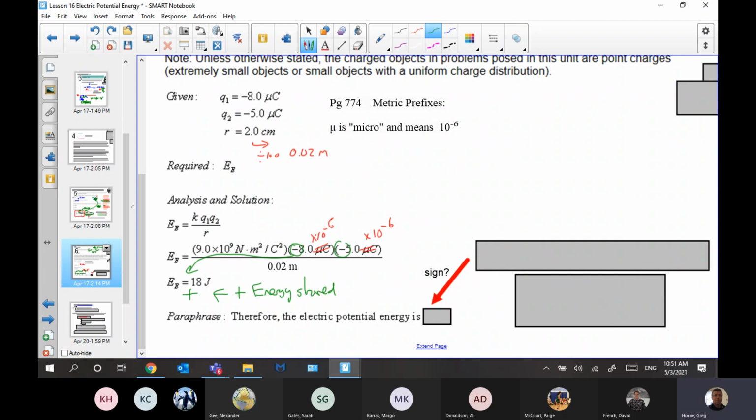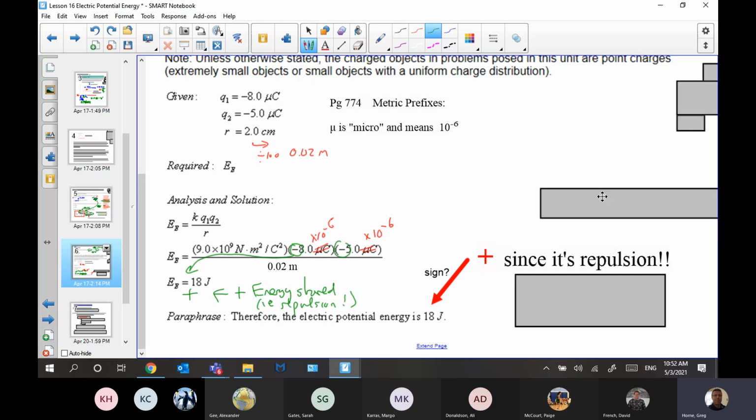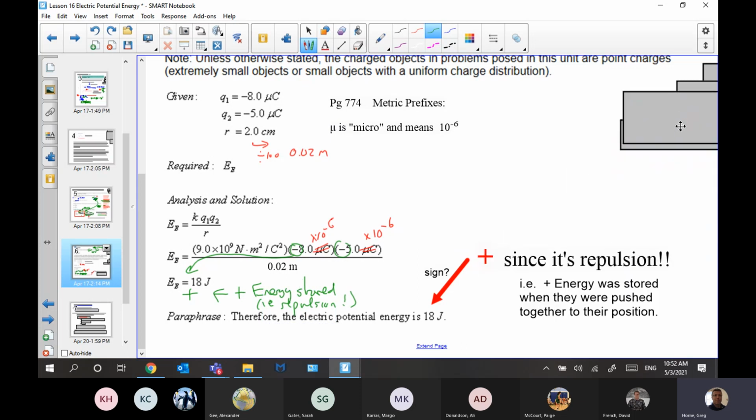And then you could work the other way around. You could say, ooh, that means that it's a repulsion situation. Which, of course, we'd already know in multiple ways, right? But we have the 18 joules business here. Positive since it's repulsion.